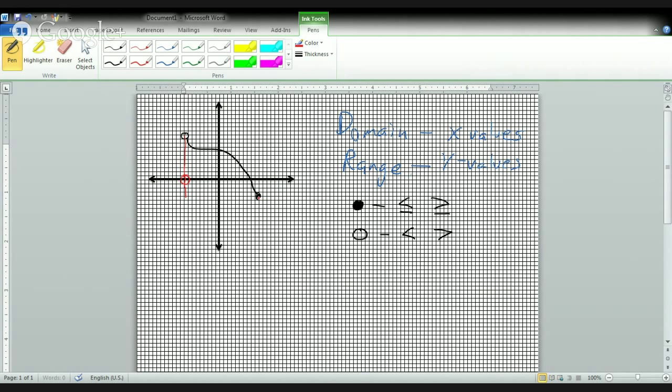And then if I go up from here, this is a solid. So what we're looking at are x values that go from that point to this point here.